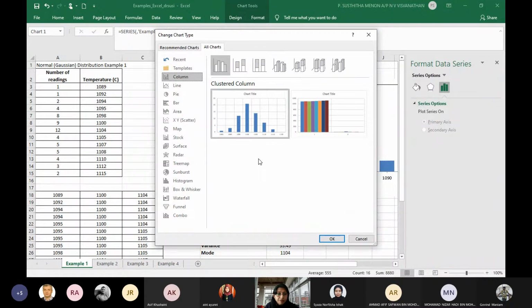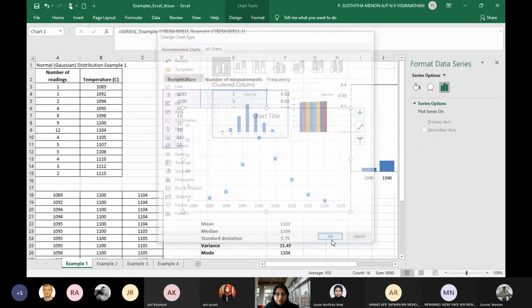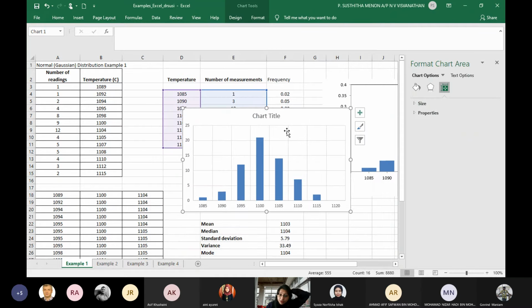You can use a column. So this is how you get a simple histogram chart.